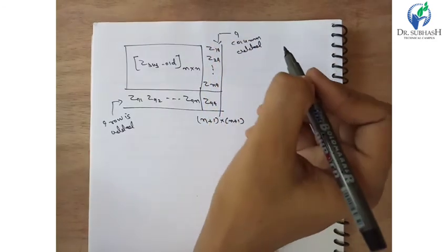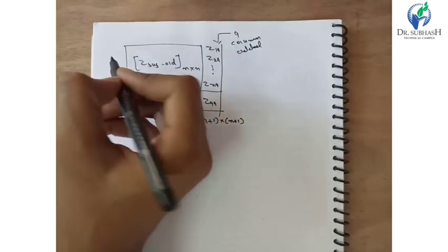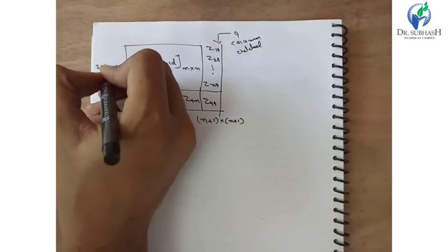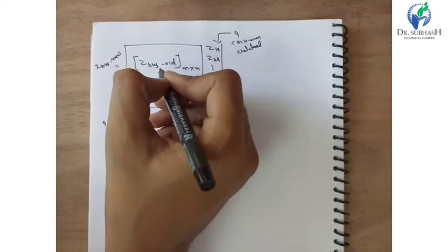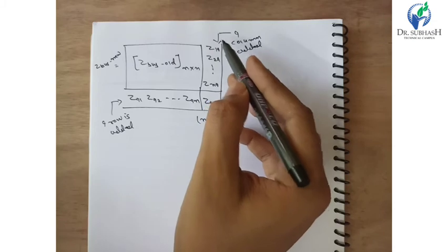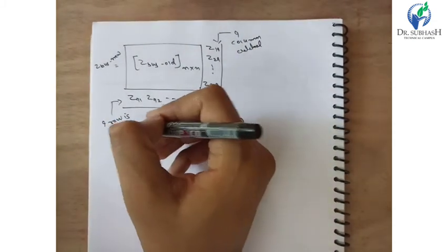In this type 1 modification, this is known as Z bus new. This is the Z bus old form, with the column Q and the row Q added.